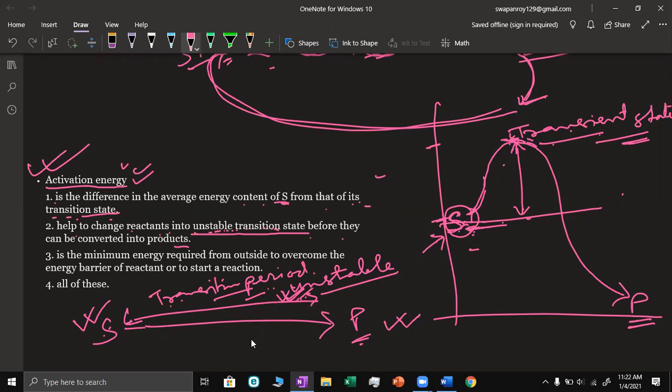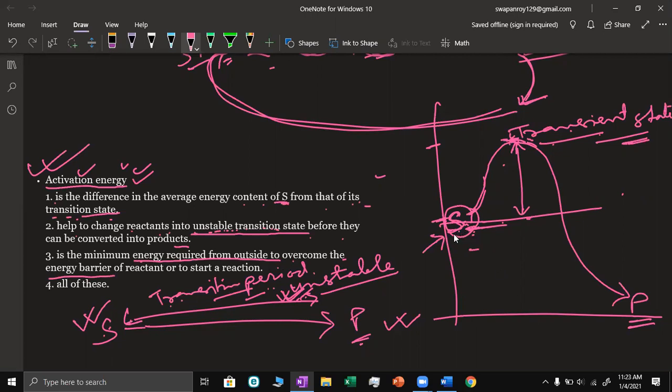That energy is activation energy, the minimum energy required from outside to overcome the energy barrier.